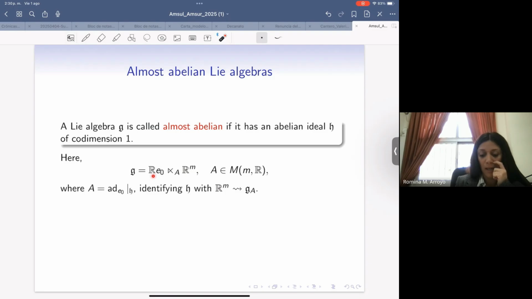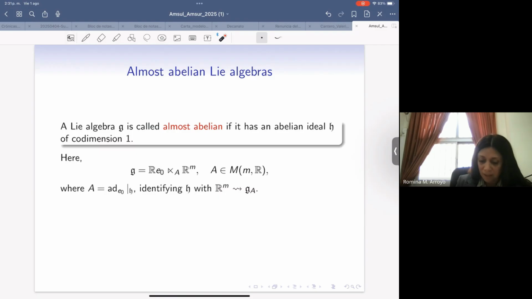Here I wrote R and R^m because I am fixing a basis. Here you have the adjoint representation at e_0, and once you fix a basis, you will have a matrix.